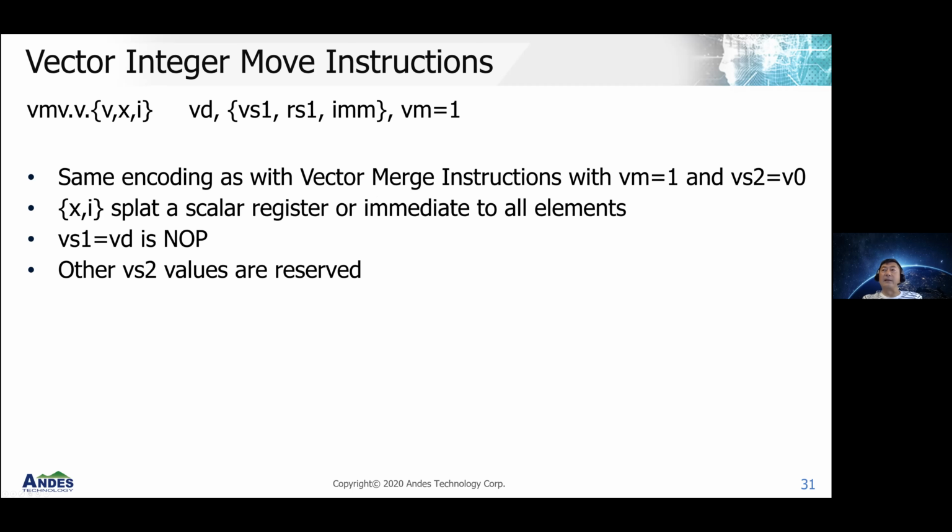The reason it's 0 is because we want to reserve the VS2 value, and we may have some other type of instruction to be added later, but all the values for VS2 are reserved. And of course, if VS1 and VD are the same, then it's a no-op. If it's a scalar register or the immediate, then basically you just splat that data into all elements. Okay.